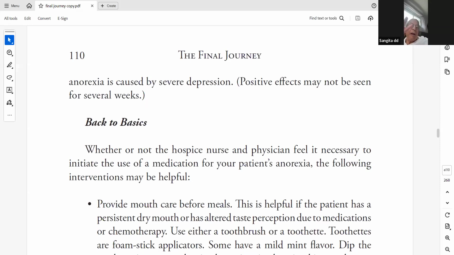Okay, so this is how this chapter runs: we talk about the symptom, what it is, and what can be done by using allopathic medications, either prescription or over the counter. Obviously these over the counter meds like laxatives and stool softeners are things the nurse can suggest, and she'll write down some things you can get without a prescription.